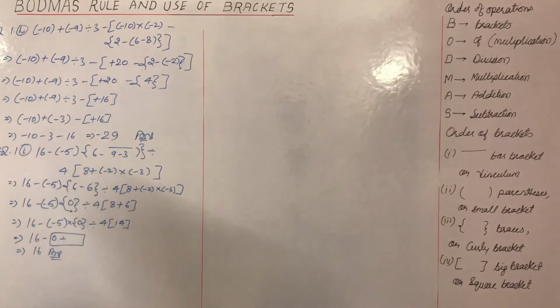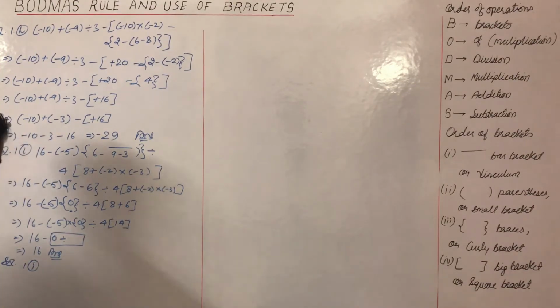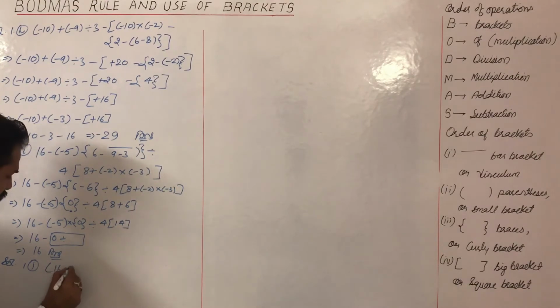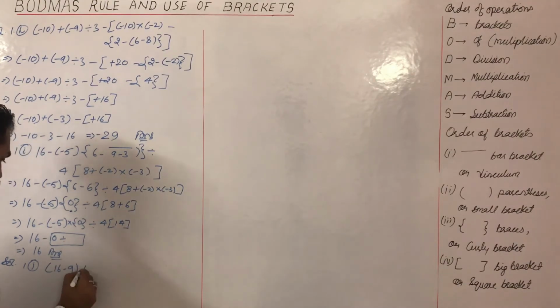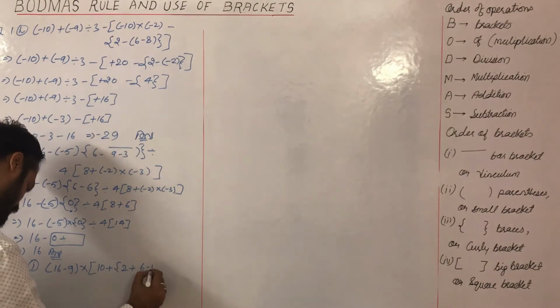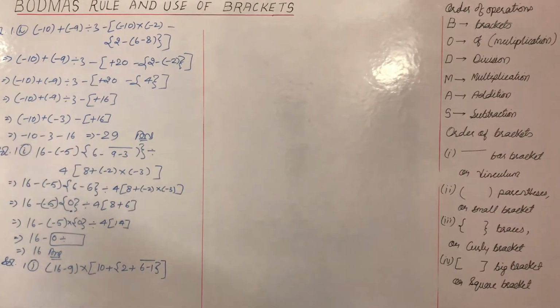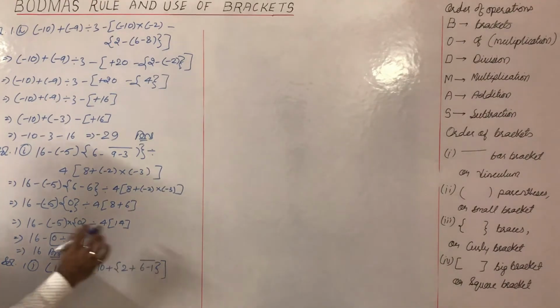Next, part J. 16 minus 9 into 10 plus 2 plus 6 minus 1 in bar bracket.